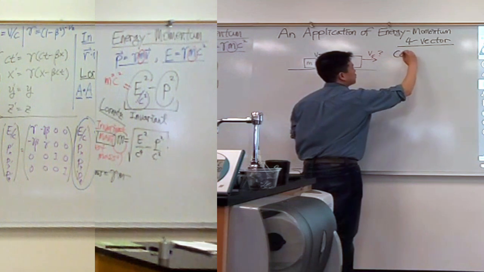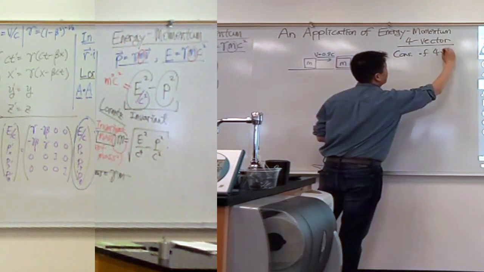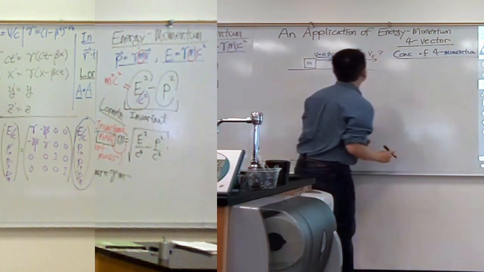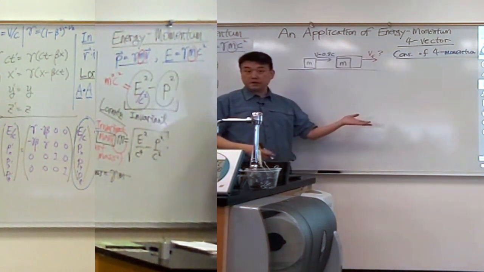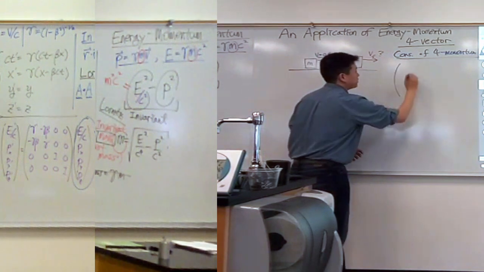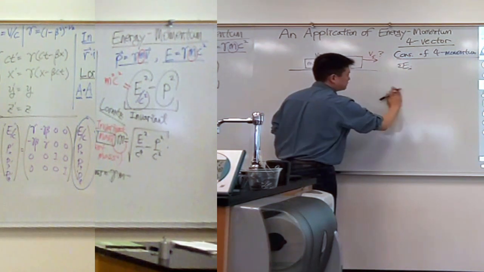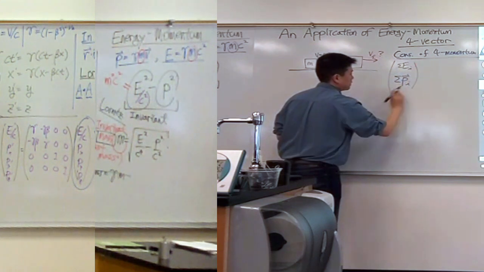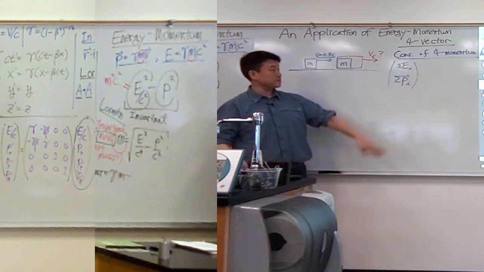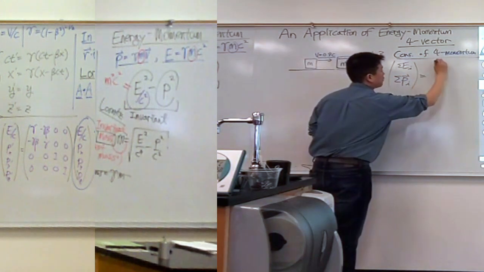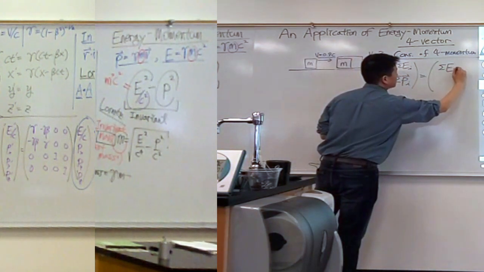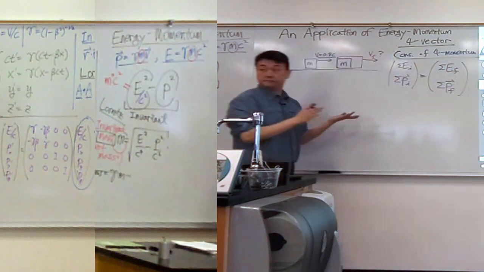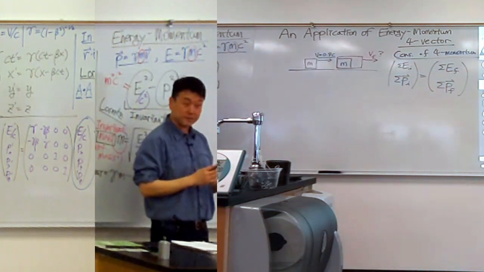So, conservation of 4-momentum: the total energy before and total momentum before ought to equal the total energy after and total momentum after. Does the principle we are using sound simple enough?